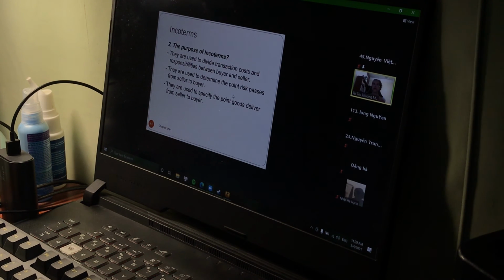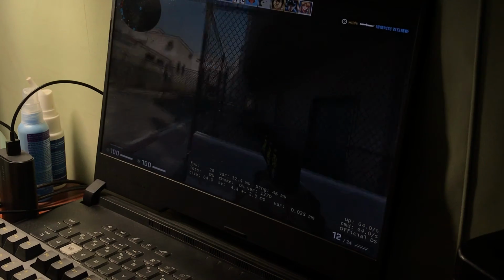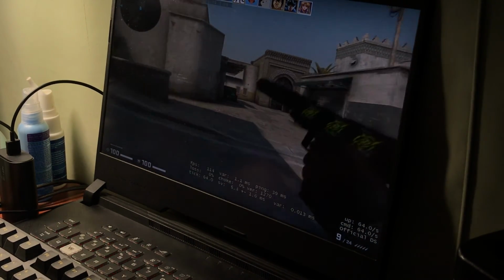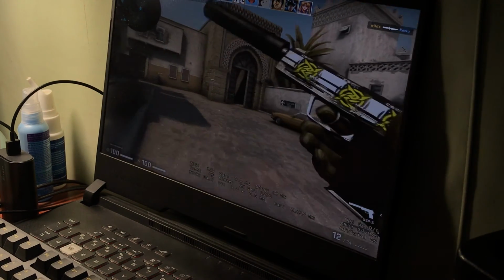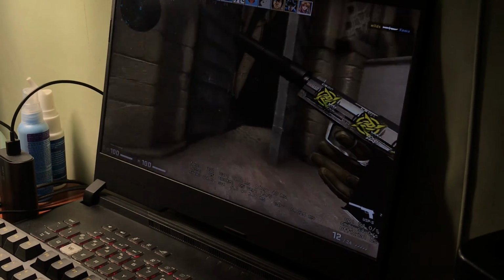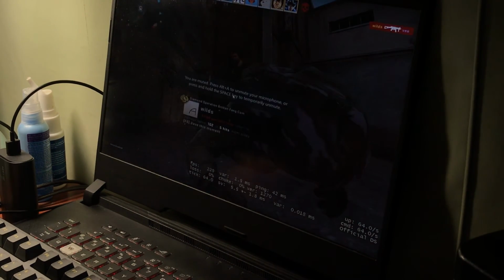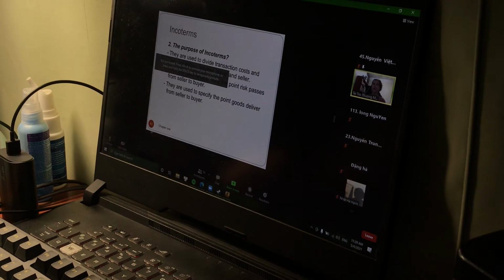The second point is where the risk passes from seller to buyer. Where? The place, at port of origin or at destination, at a port, or at any place. For example, at the house, at the factory, or at a terminal of the airport.